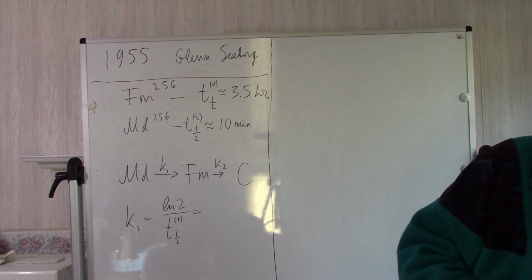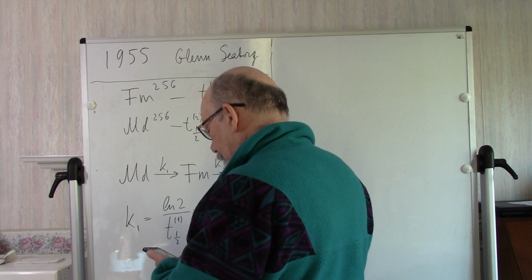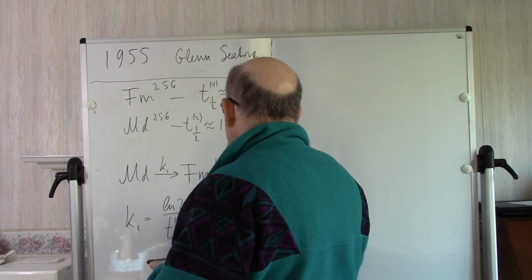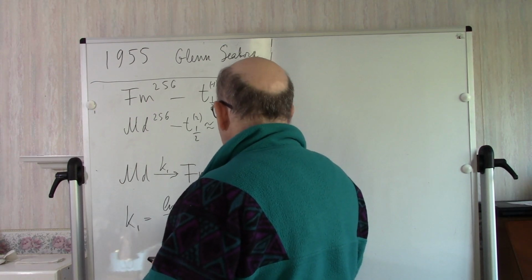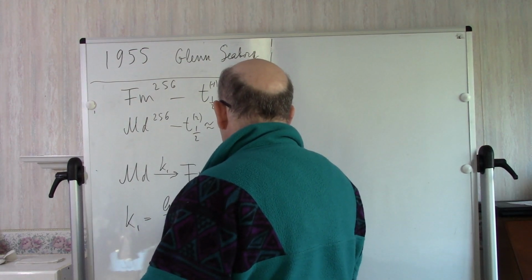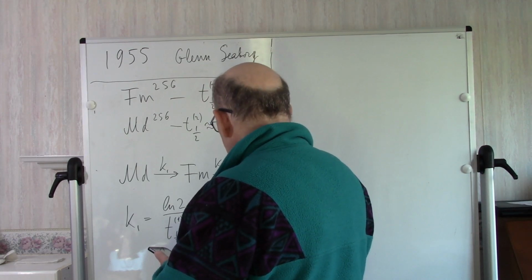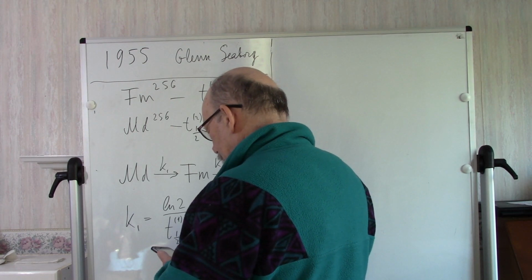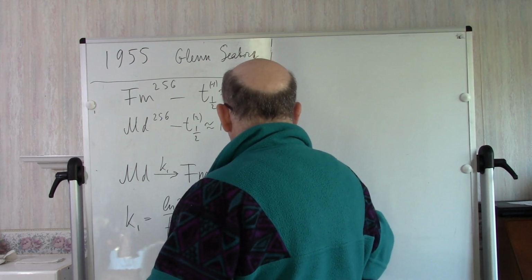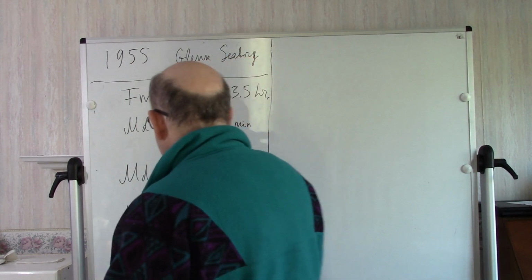It is 0.693 divided by 10 minutes, which is 1/6 hour. So 0.693 times 6, which equals about 4.16.